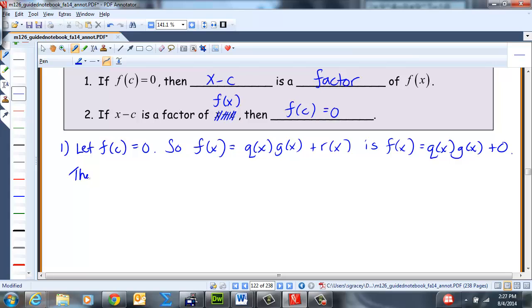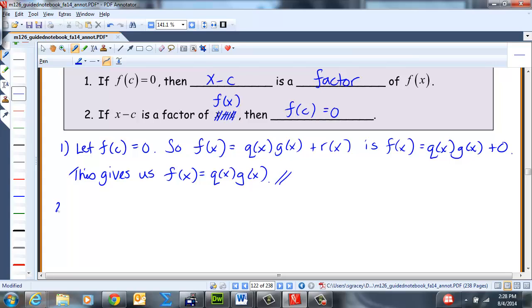This gives us f at x equal to q at x times g at x. And that proves it, because that tells us that g at x, the divisor, is a factor.